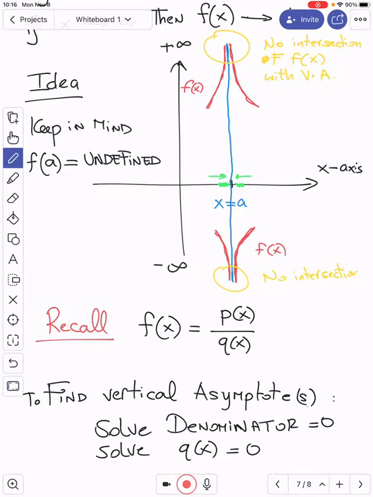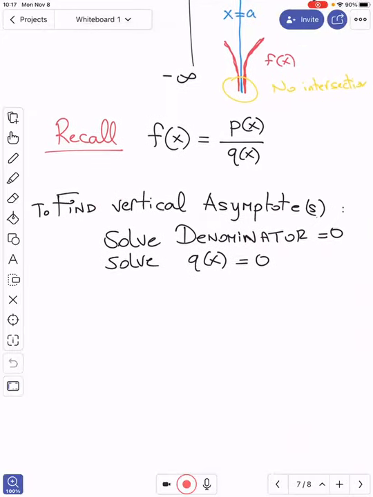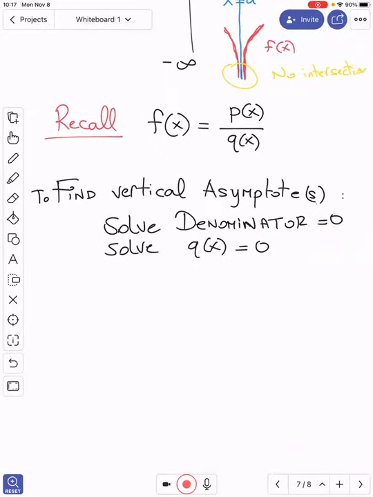That's why f of a is undefined, right? So that's how we find the vertical asymptote. And of course, you can have more than one vertical asymptote. You can have 3, 4, and so on, okay?